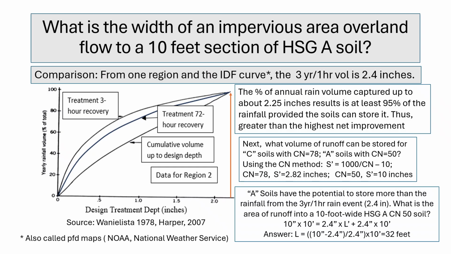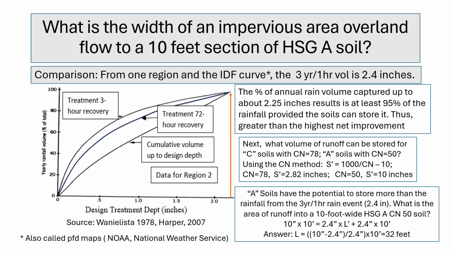Now the practical question is, how wide does an impervious overland flow area need to be in order to drain into a 10-foot wide strip of HSGA soil and have all the runoff infiltrate? Setting up a simple water balance, the runoff from the impervious area, which generates the full 2.4 inches of rainfall as runoff, must equal the available storage in the 10-foot soil strip after accounting for the rain that falls directly on it.